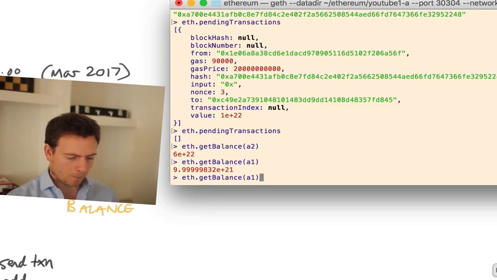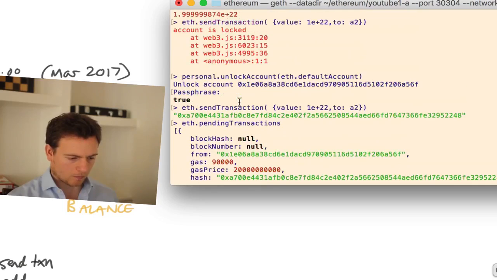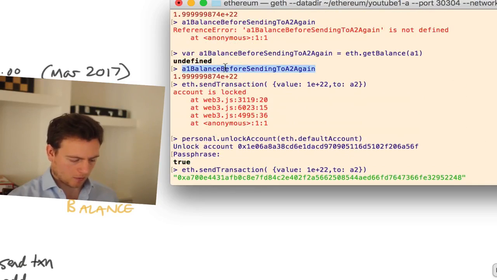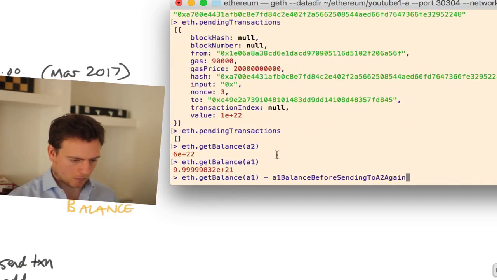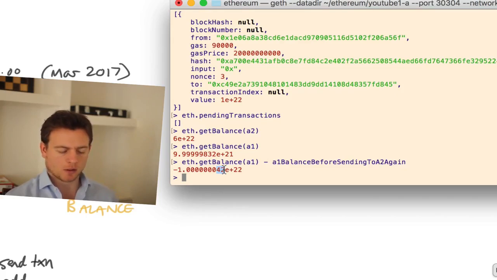So if we do eth.getBalance A1 and then subtract the variable that we created up here. So we can see it's -1 times 10 to 22, but this bit on the end is the actual amount that we were charged, okay, for actually sending that transaction.